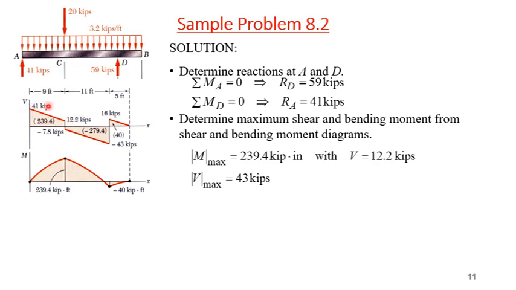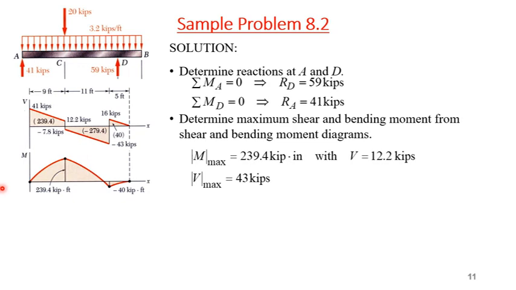It will not be constant because there is a distributed load, so there is a change in shear force at each location because the whole beam is under distributed load. And then we have minus 7.8 at C, and then minus 43 kilopounds, and from D starting from 16 kilopound, and it will be 0 at B, because B is the overhanging part, the free end.